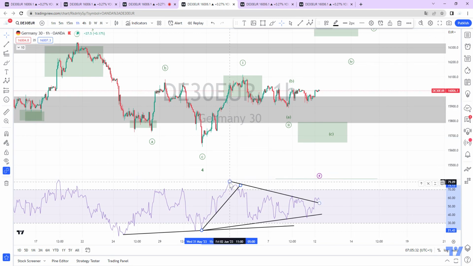Then your wave three is where your RSI peaks or makes a top. And then what happens is that in a wave four, your RSI trend line breaks, and then you make one more high with RSI divergence.